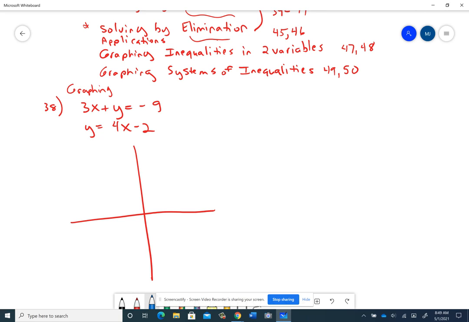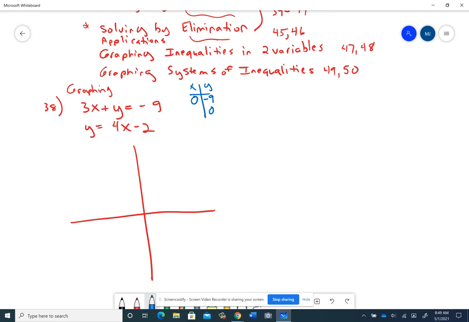So on that one, maybe you might just rearrange it since it's easy to get y by itself. So you can use the slope and the y-intercept to graph it, or you might just use a table of values, whatever you're more comfortable with. If I put a 0 in for x, y would be -9.